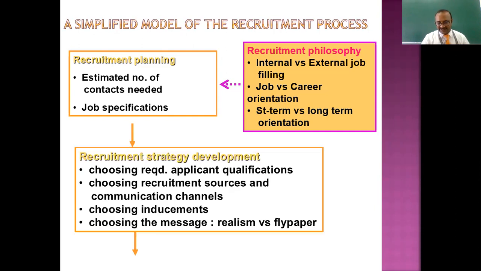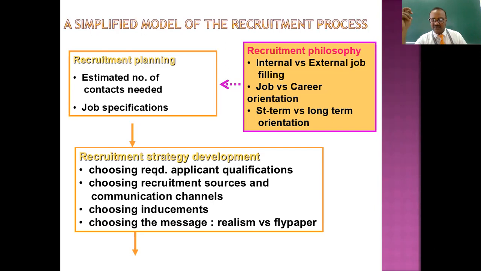Once you've done this, then you develop a strategy. So you've got to identify choosing the required applicant qualifications. So you go through the specifications and figure out what kind of candidates, what is the qualification of candidates that you're looking for. Second, now, once you see the qualification, the specification criteria, you're going to identify the sources.